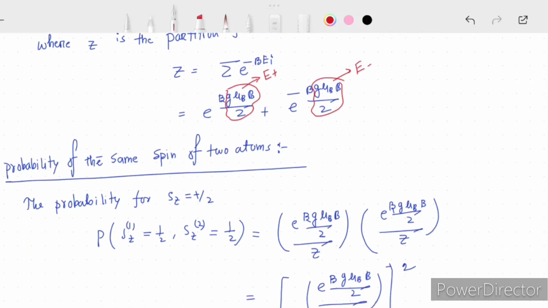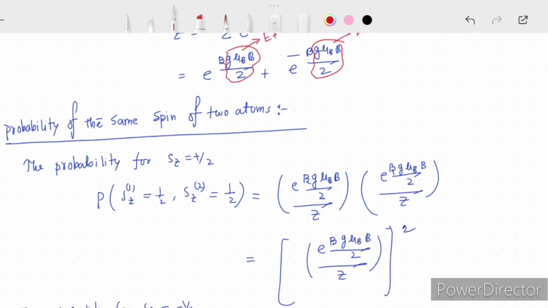Now calculate the probability of the same spin of two atoms. The probability for Sz equals plus half means two atoms have the same Sz value. So the probability for Sz1 equals half and Sz2 equals half: this is for atom number 1, and this is for atom number 2.